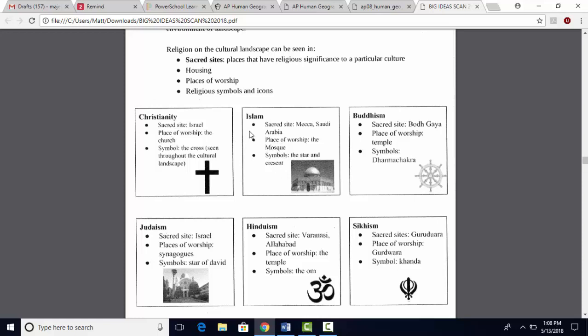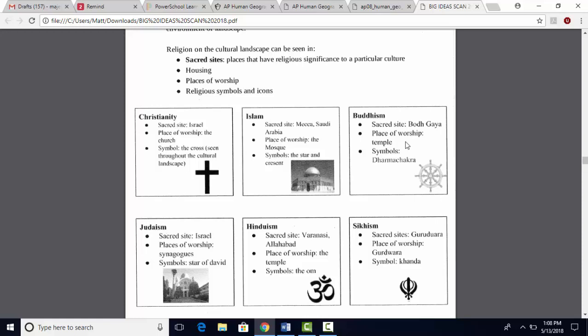Buddhism, remember, its sacred sites usually are associated with the lives of Buddha. So some of the most important sites in India and Nepal, where he made his most famous discoveries. Things like a place called Bodh Gaya. And the symbol, as you know, is kind of the wagon wheel there. Alrighty. Judaism, right? Israel's our sacred site.